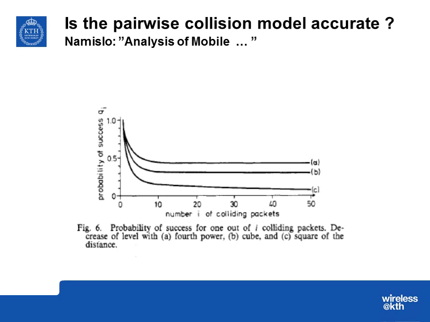So the upper curve A is the fourth power that we've used before, and it's quite interesting to see that regardless of the number of packets colliding, the success probability approaches almost a constant value, which is slightly less than 0.5.